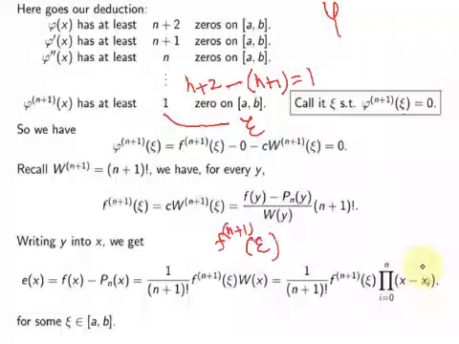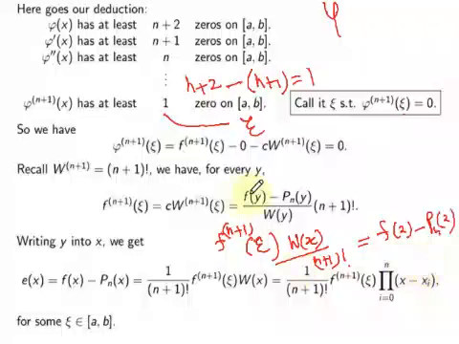You can solve this: w of x divided by n plus 1 factorial is equal to f of x minus p sub n of x. So what if you consider y as an arbitrary value? You replace y with x, right? So you get this one here.